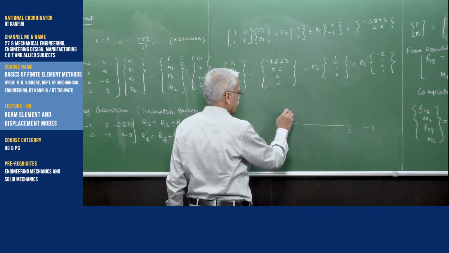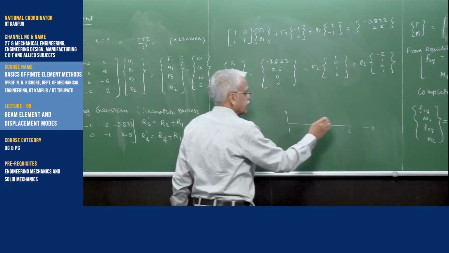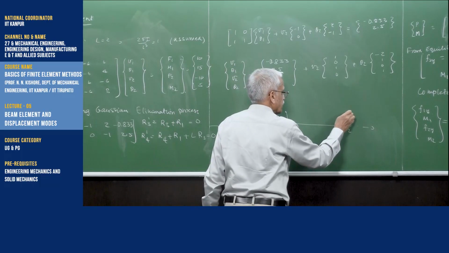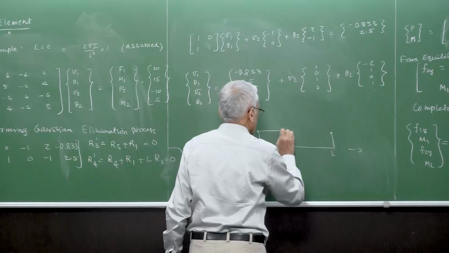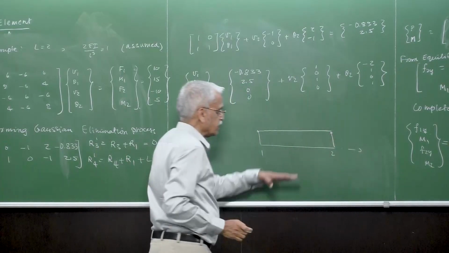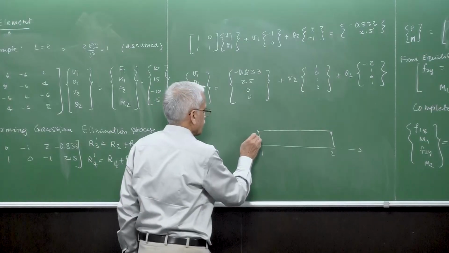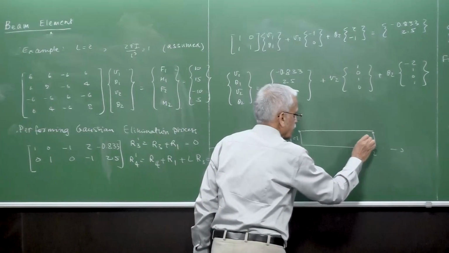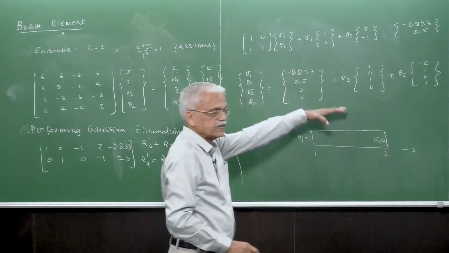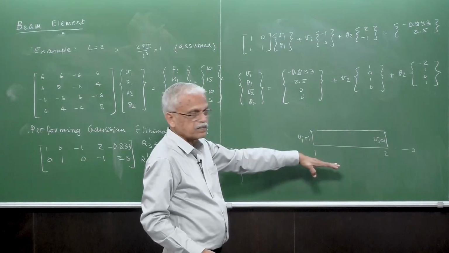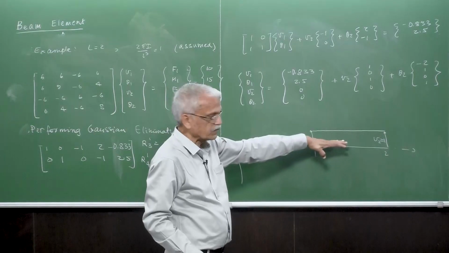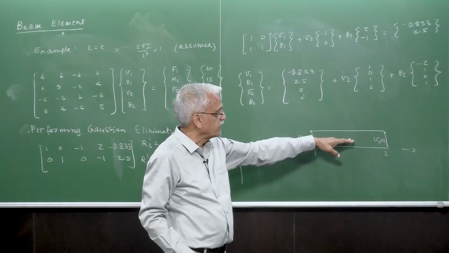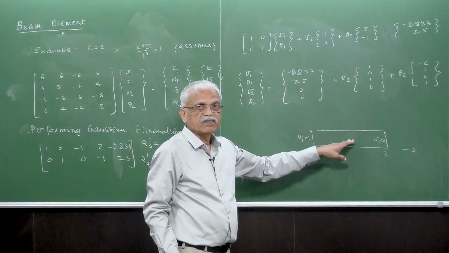That means there's a displacement here, and an equal displacement here, and there is no slope. So the whole beam has moved in the vertical direction without any deformation. That is why you can see very well that this is a rigid body deformation.